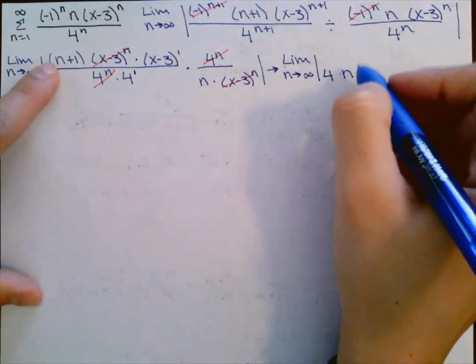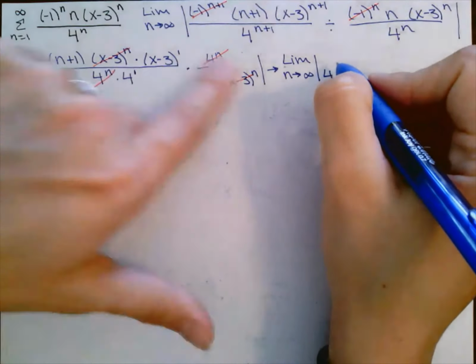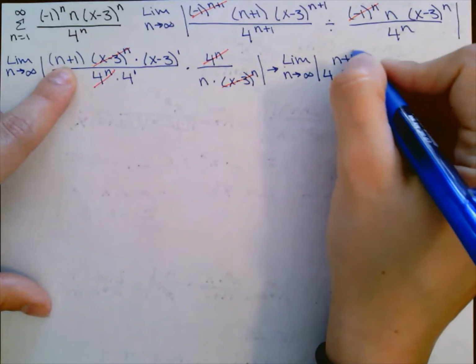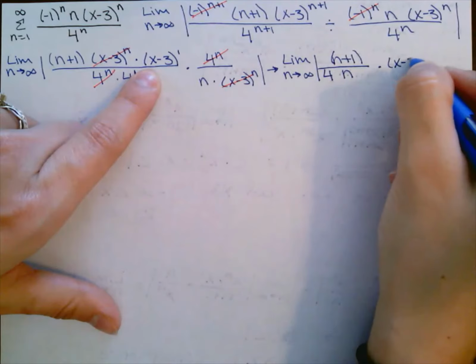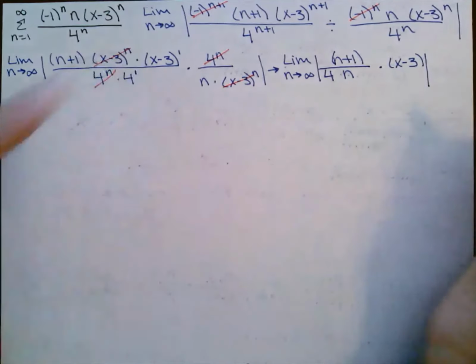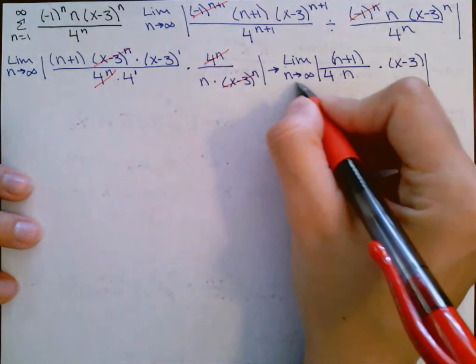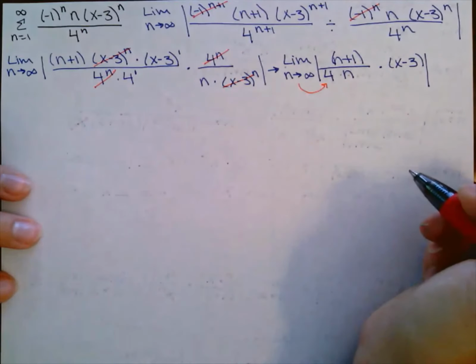And then here, I have no coefficient, just that n plus 1. And then on the numerator, I have x minus 3 to the first power. Okay? Now remember, in this limit in particular, we're plugging infinity into the n's only, not the x's.